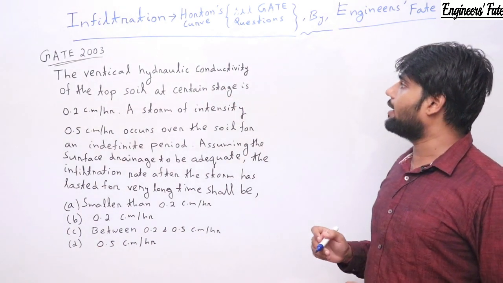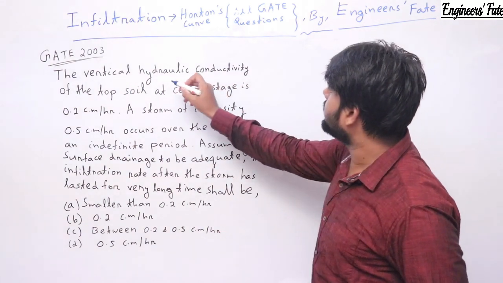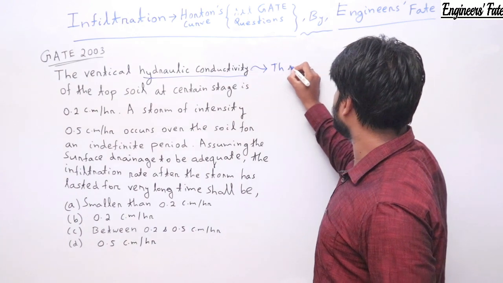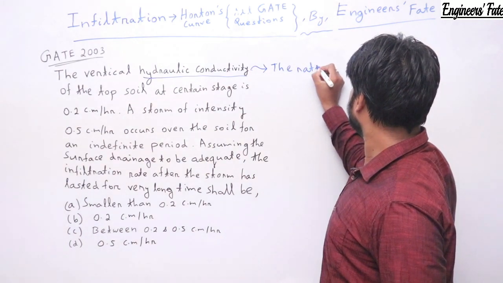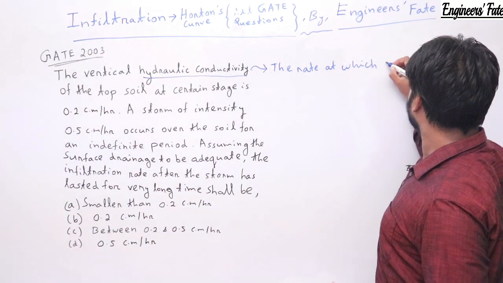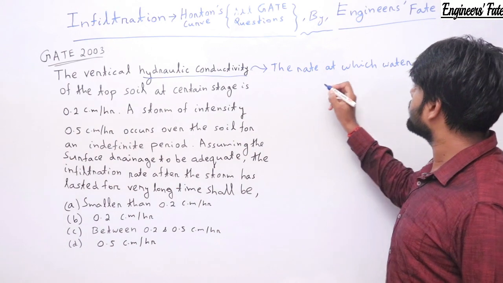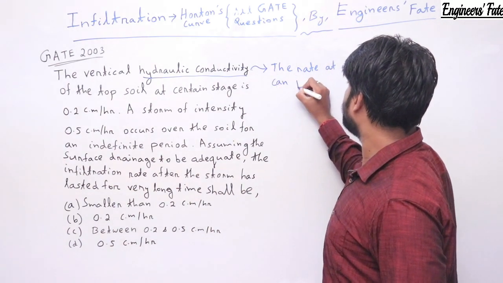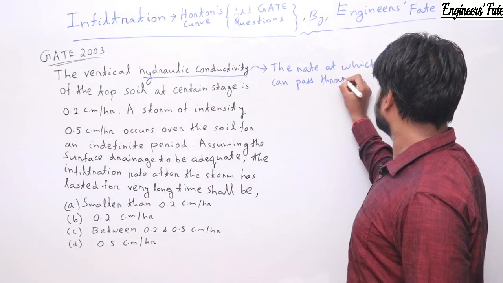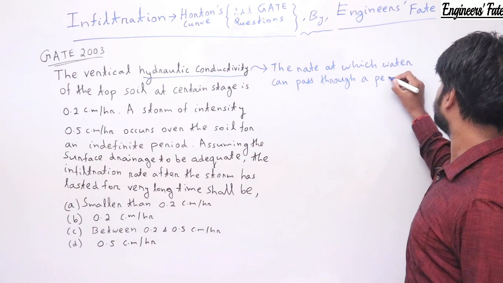So the vertical hydraulic conductivity, what do you mean by hydraulic conductivity? Hydraulic conductivity means the rate at which water can pass through a permeable medium.